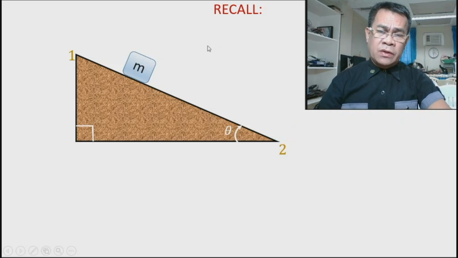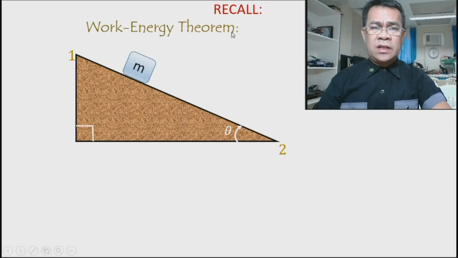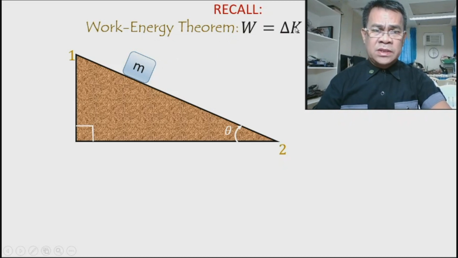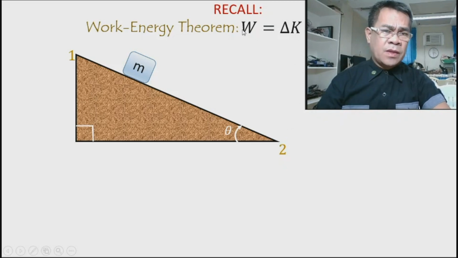If we recall in our video number 4, the work energy theorem, the work done of this system is just the change in kinetic energy, which means that if the initial kinetic energy and final kinetic energy are available, then take the change of that, the answer is equivalent to the work done by the system.